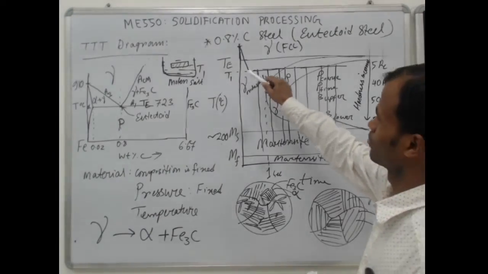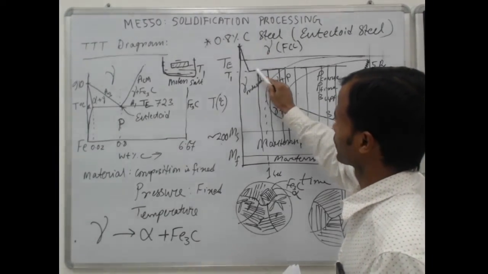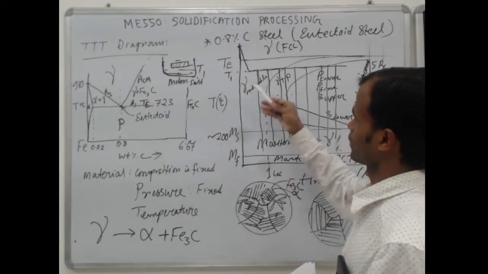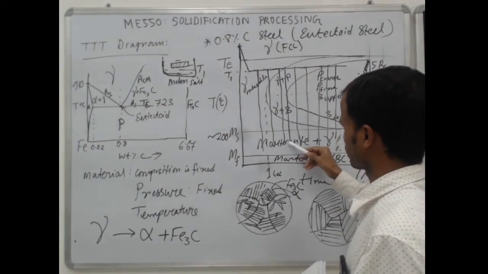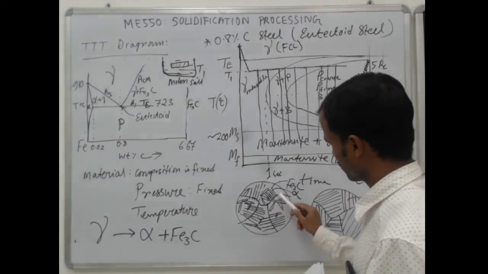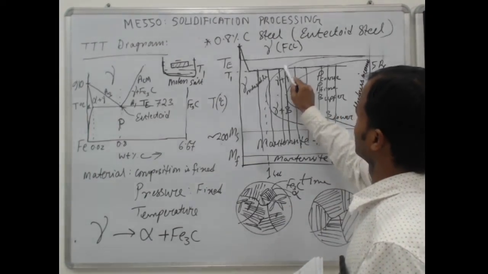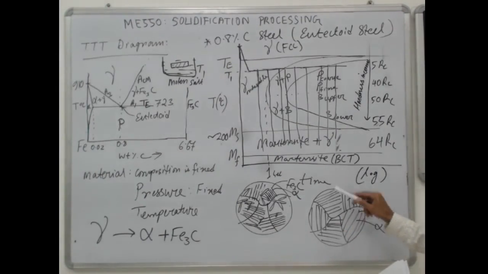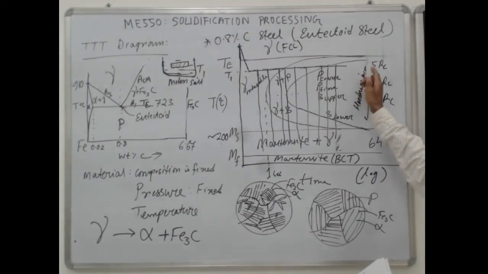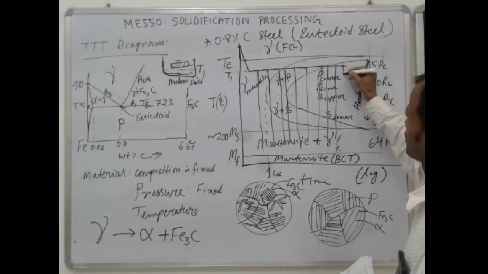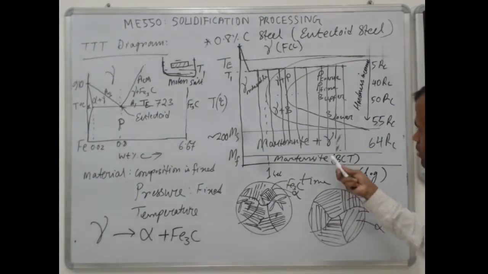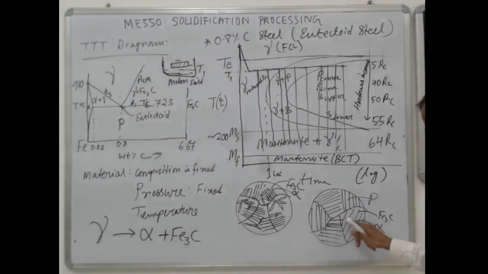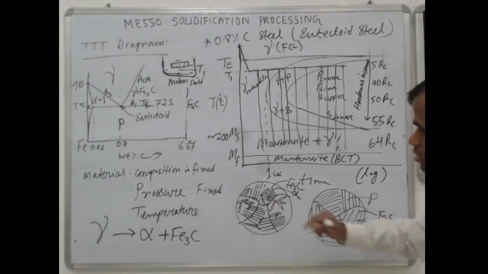So that is how you see, if you cool it, hold it for different amounts of time and quench it, and you do the microstructural analysis, after this much time you will see pearlite in the structure. Then after this much time everything is pearlite, and if you quench it, you will not get any martensite, because pearlite cannot be transformed into martensite.